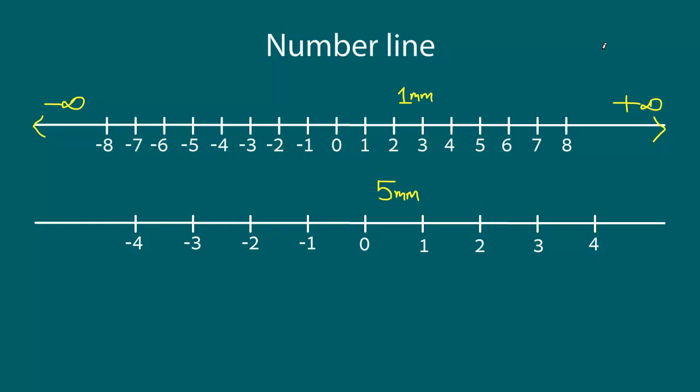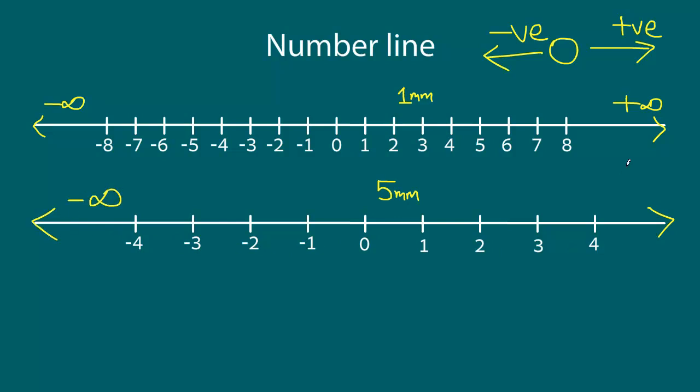What is important to understand is you put 0, and then as you move to the right of 0, the numbers are positive. And as you move to the left of 0, the numbers are negative, right? So here we have picked 0 somewhere in the middle. And as we go on the right side, the numbers look like 1, 2, 3, 4, 5, 6 to plus infinity. And similarly on the left side, the numbers will look like minus 1, minus 2, minus 3, minus 4 through minus infinity.